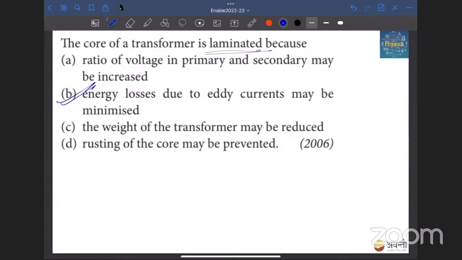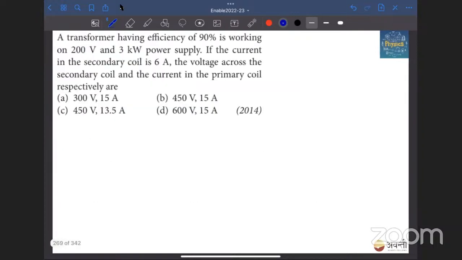Okay. So here we end up this chapter. You can take this question as homework. Please note the question quick. Now it is your work to practice. My work is done.